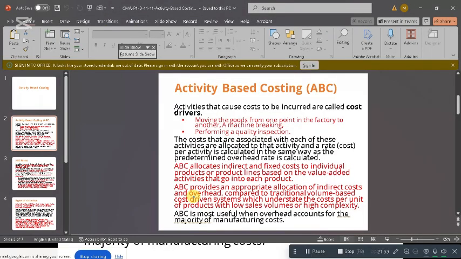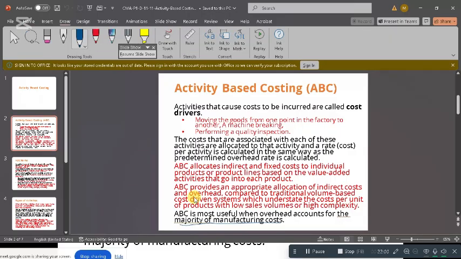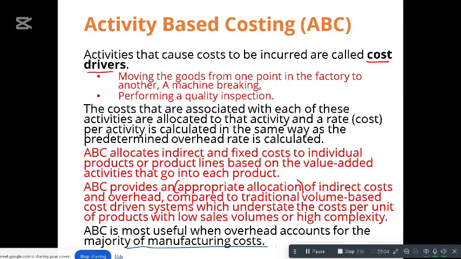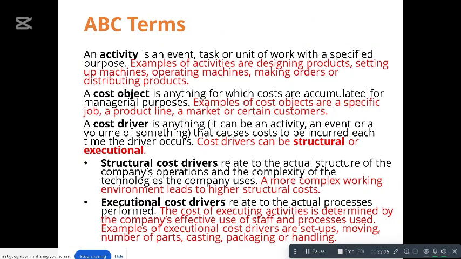ABC is most useful when overhead accounts for the majority of manufacturing cost. ABC terms. Activity, I already explained. A cost object is anything for which costs are accumulated for managerial purposes.